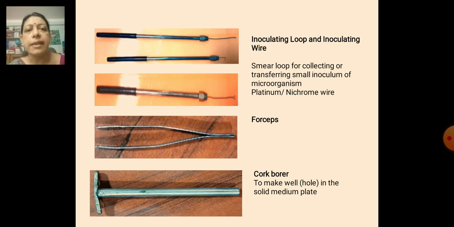Before I proceed to the next one, let me say that when we use any glass apparatus in the microbiology laboratory, the first thing we should keep in mind is that the washing should be very clean. No particulate matter should be present in the glass apparatus.